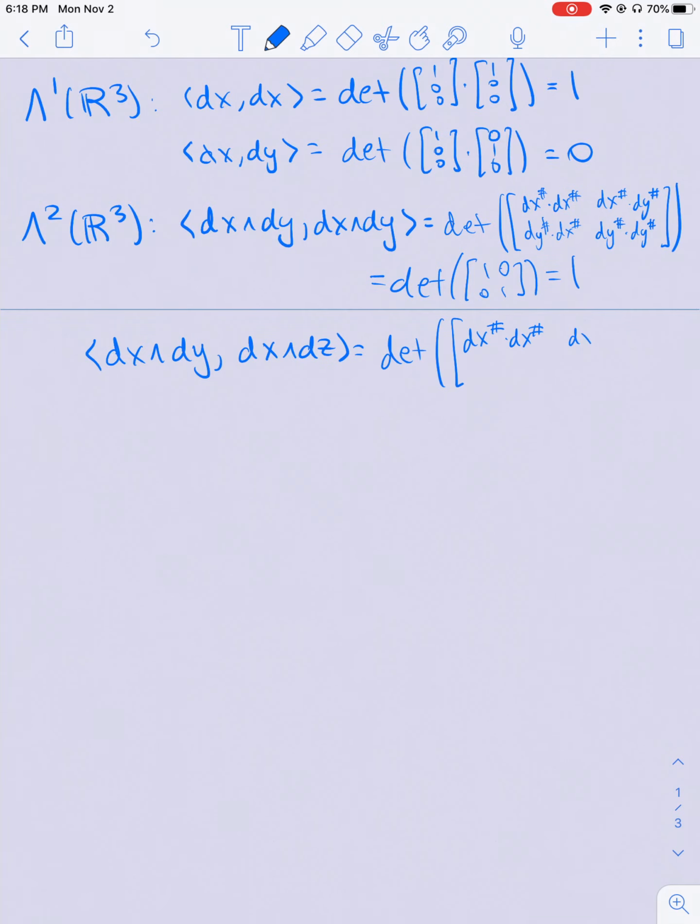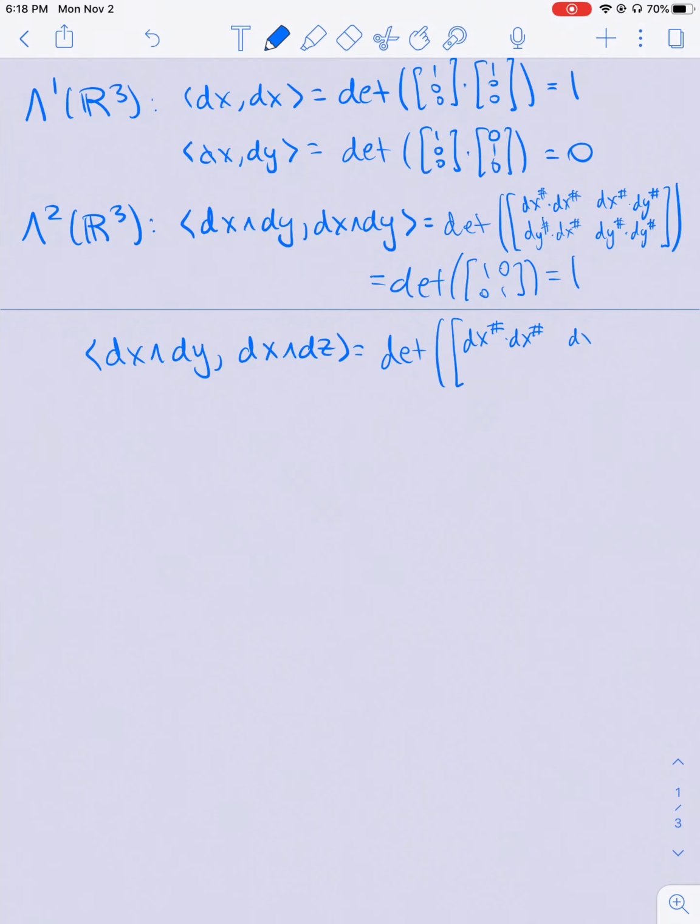And this is just going to be 0, because I'm taking the determinant of a matrix with a row of zeros. The final thing to consider is 3-forms on R3. Here I'm taking dx wedge dy wedge dz and taking the inner product with itself, because there only is one. All 3-forms are multiples of this one. So this is the determinant of the 3-by-3 identity matrix, which is just 1.